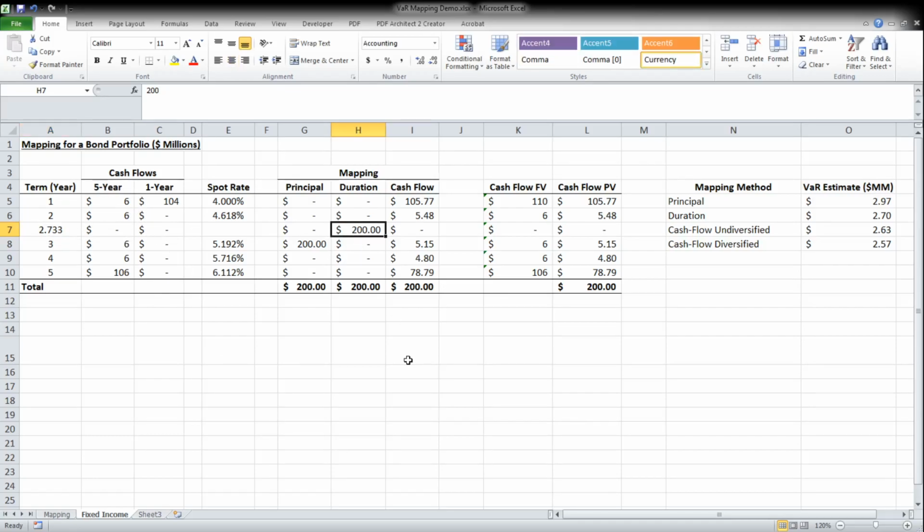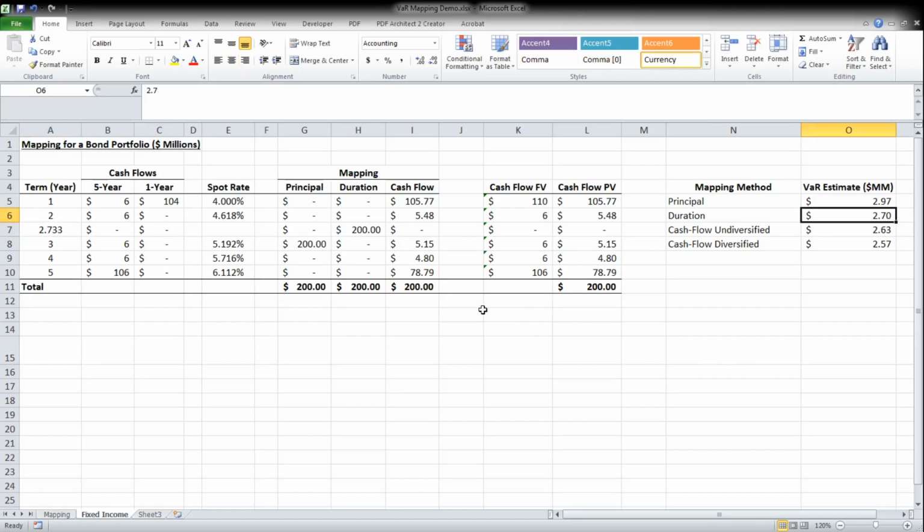So we assign the entire $200 million of our portfolio to one bond with a duration of 2.7 years. And that bond has a little bit lower risk than the 3 year bond, and the VaR of that portfolio ends up being $2.7 million.